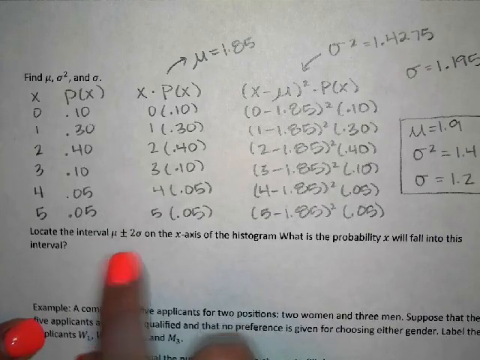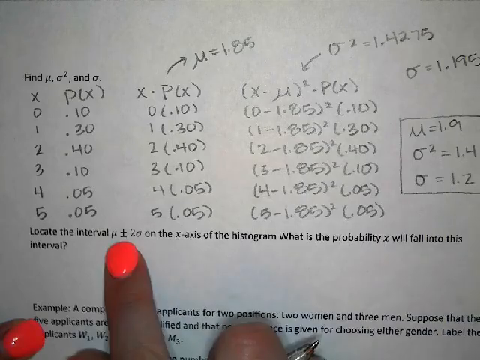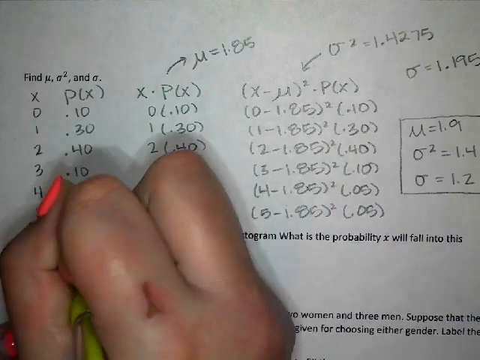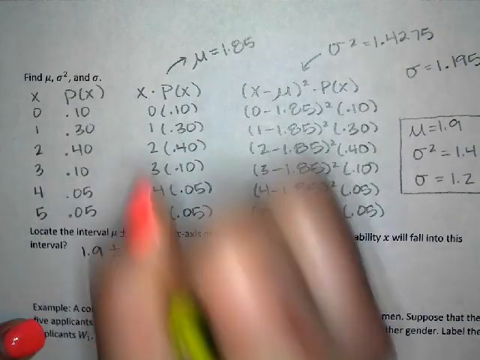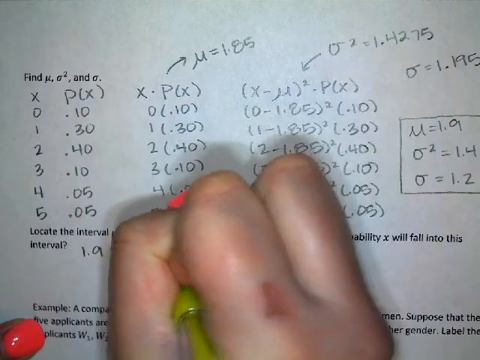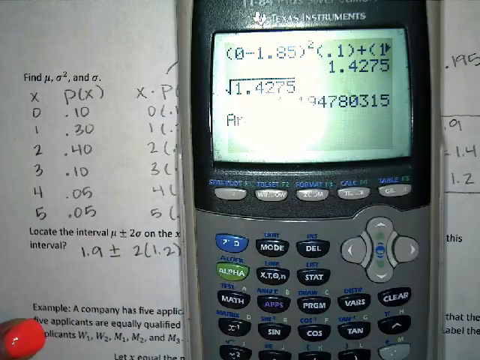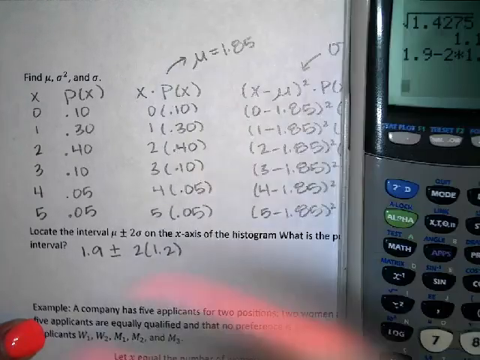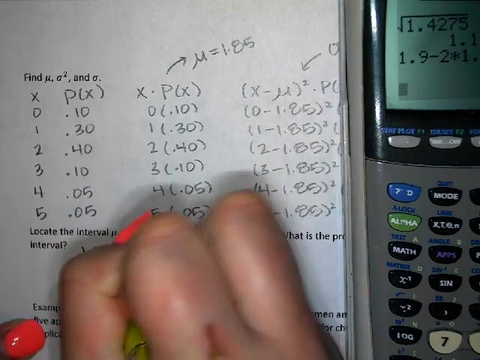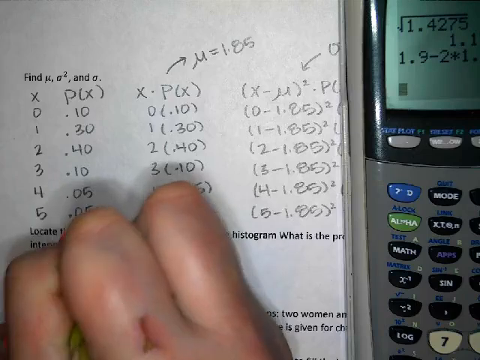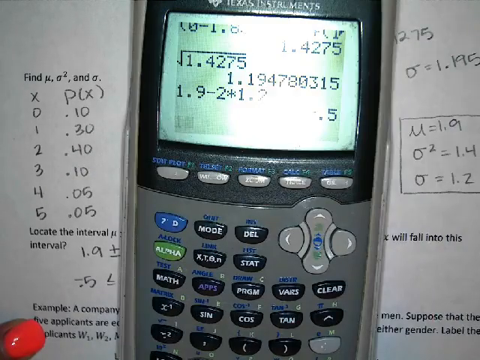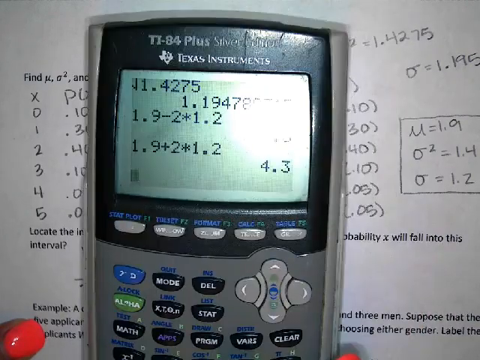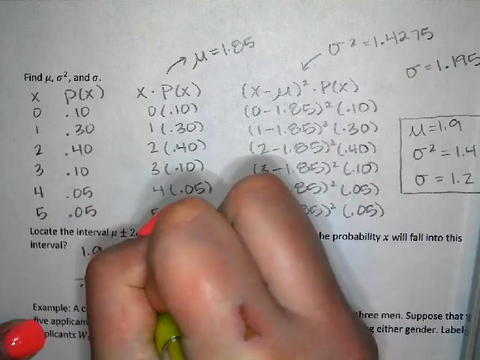So mu was 1.9 plus or minus 2 times the standard deviation. And so we have that the random variable is between negative 0.5 and 4.3 for the kind of usual values that are considered not to be outliers.